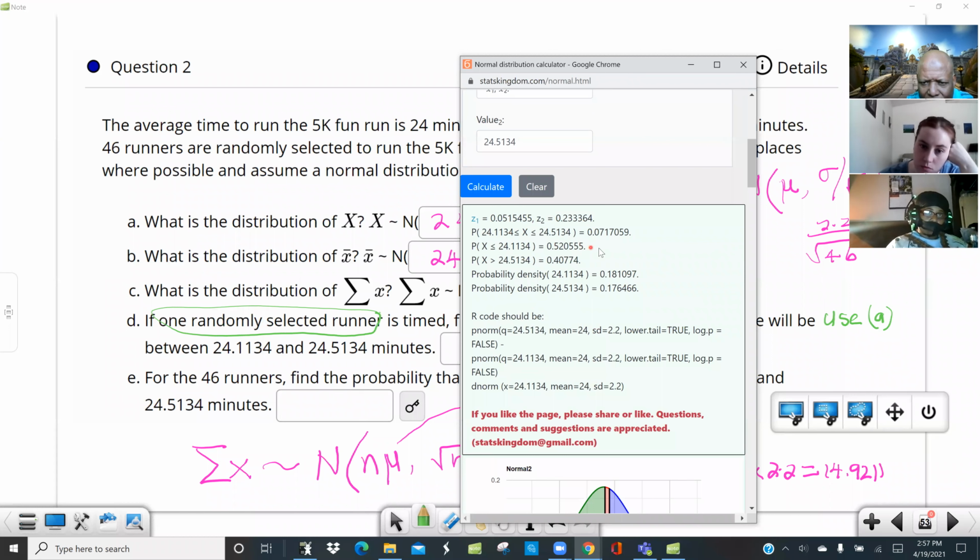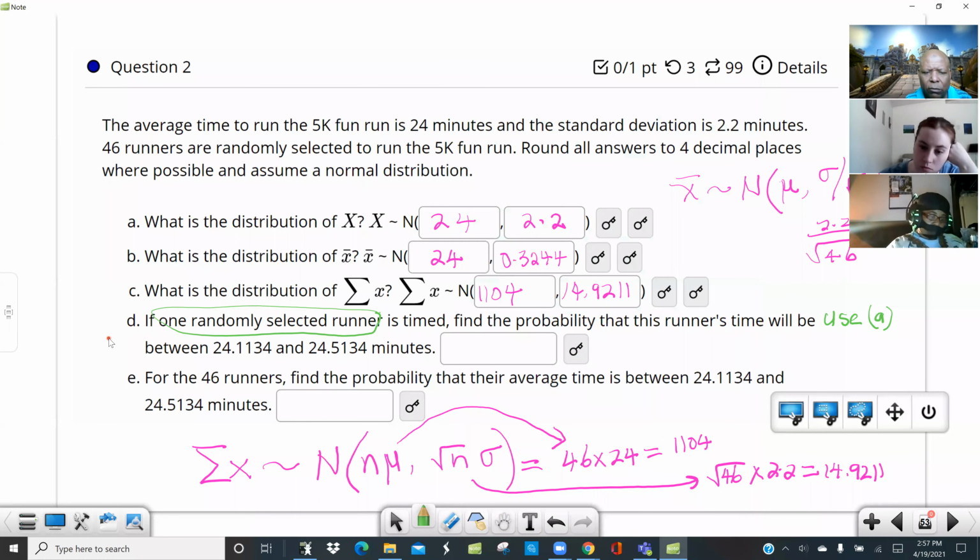But here it is, 0.0717, because they picked one random runner in the population.